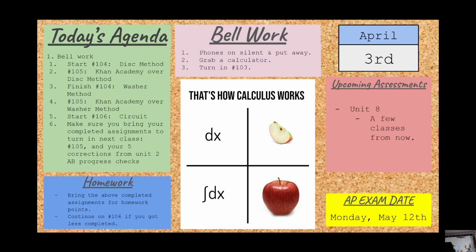Unit 2 A and B. So those focused on product rule, quotient rule, stuff from Unit 2. So, like last time, if you only missed 2 questions, I only expect to see 2 corrections. I'm looking up your score in AP Classroom. So if I can see you only missed 2, I'm only going to expect 2 corrections. If you missed 7 questions, that's okay. It was just a refresher, just a review. But you need to pick 5 of them to do corrections for.